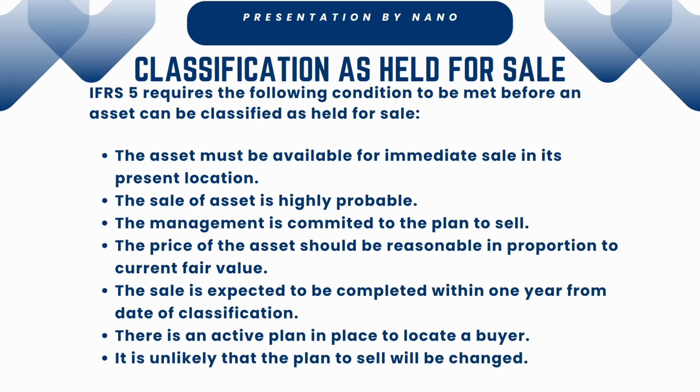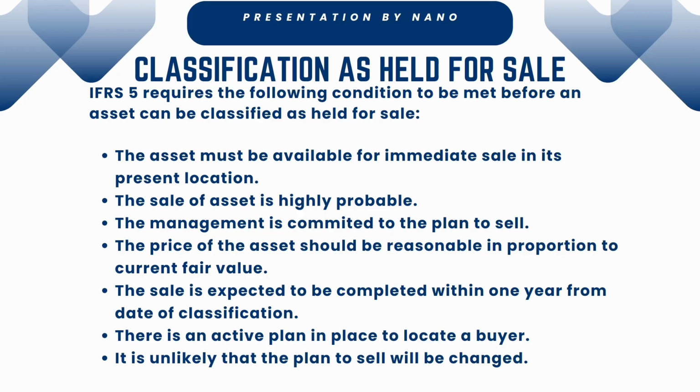In our statement of financial position, let's say we have non-current assets, right? And the value is 1,000 naira. Included in that non-current asset of 1,000 naira, we have a motor vehicle that the entity no longer puts in use.